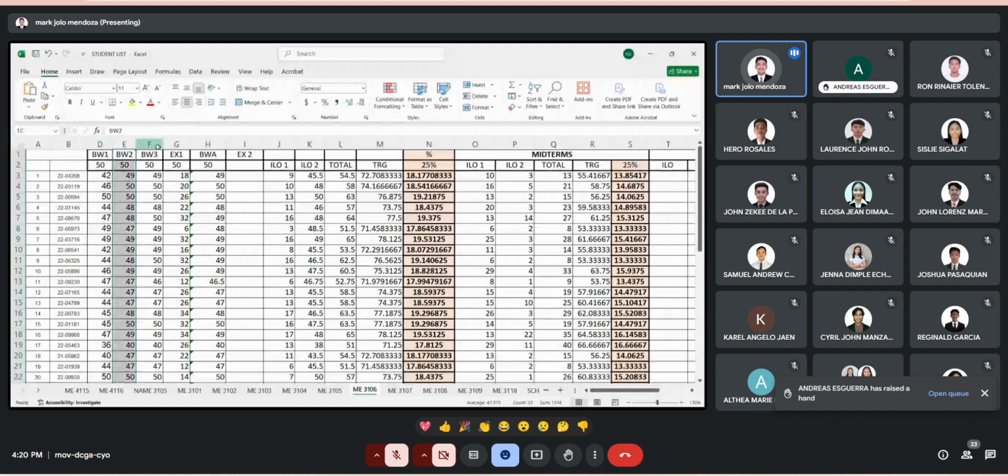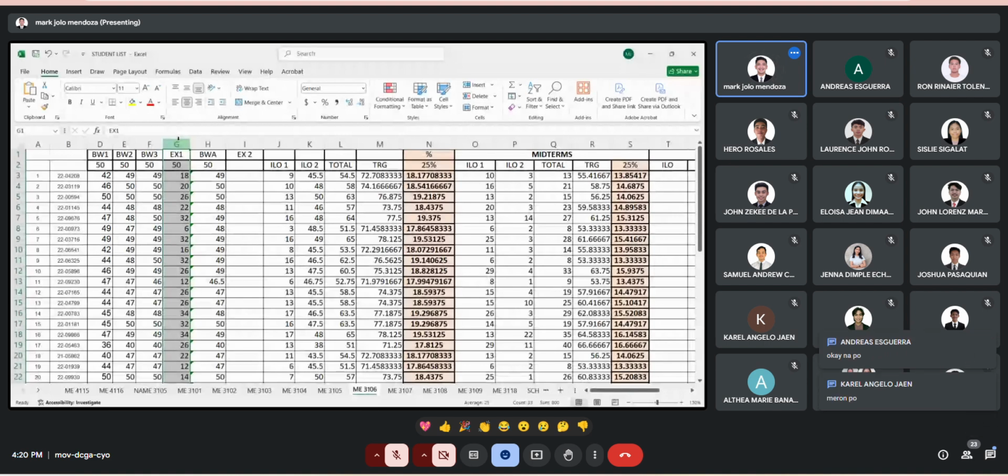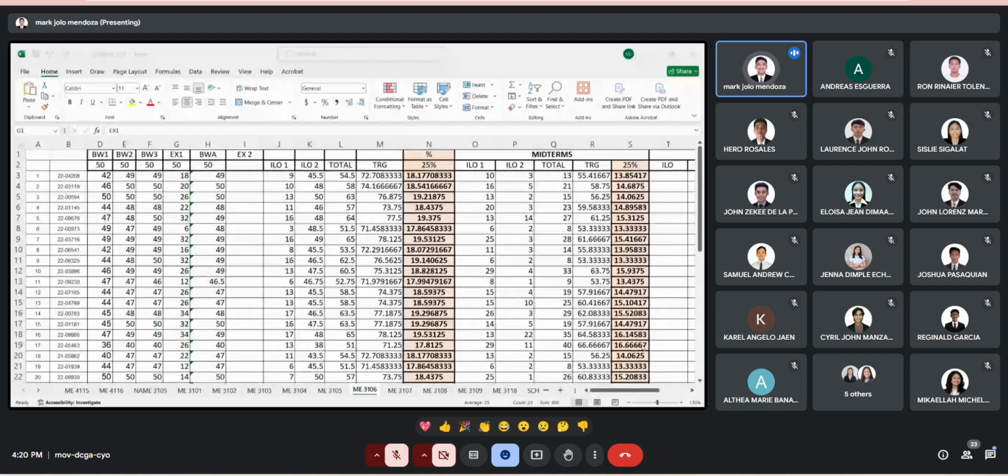So yun, calculation yung natin next week, so kindly prepare, aralin, mag-aral to equation.